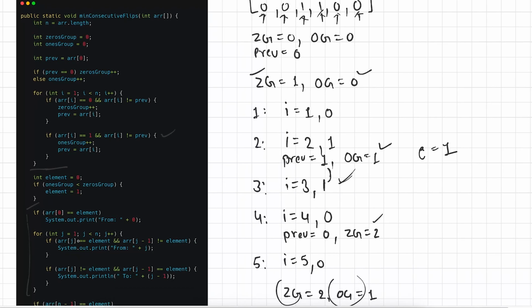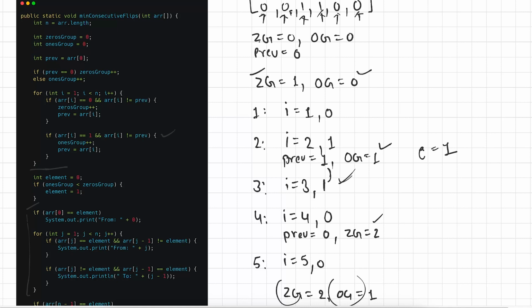Then we are running a loop from 1 till less than n. And in the first if condition we are checking if this value is equal to element or not, and this is not the case. So we move to the next condition. In the next condition we are checking if this is not the element, and this time it is not equal to the element. So again we are checking one more condition, whether ARR of j-1 is element or not.